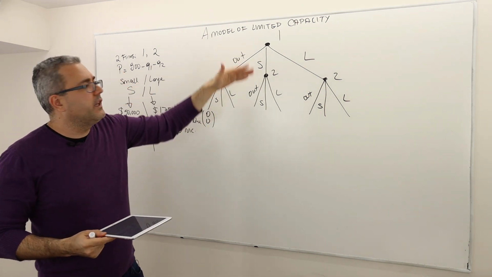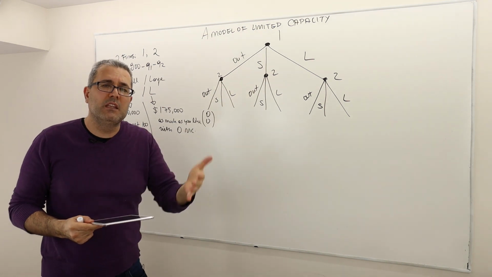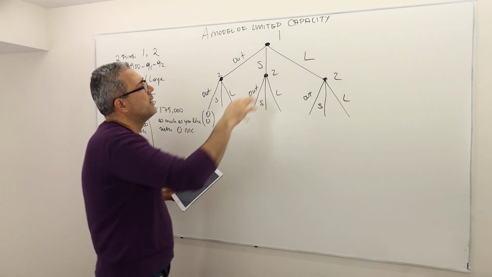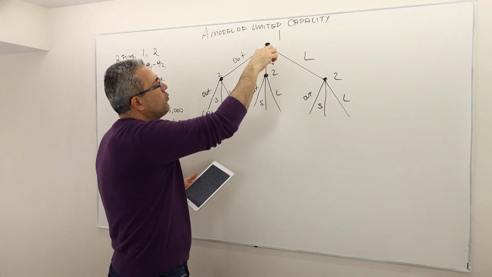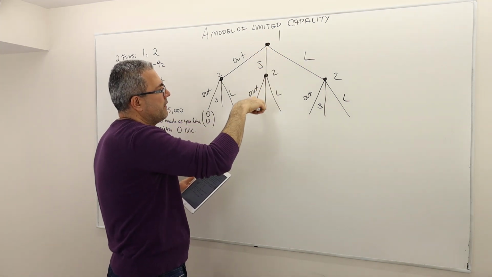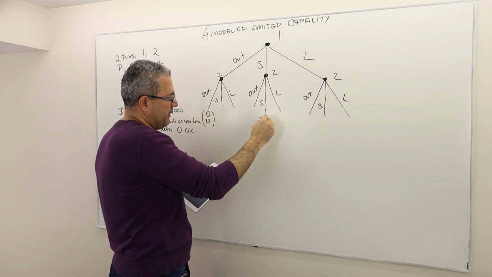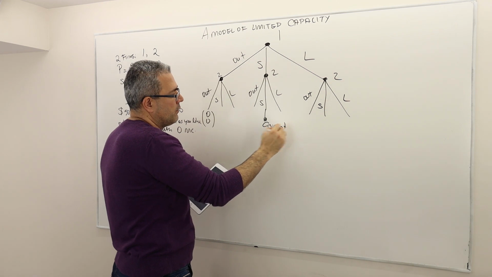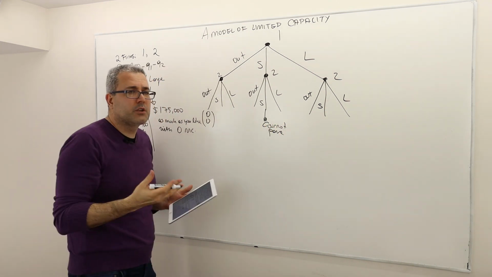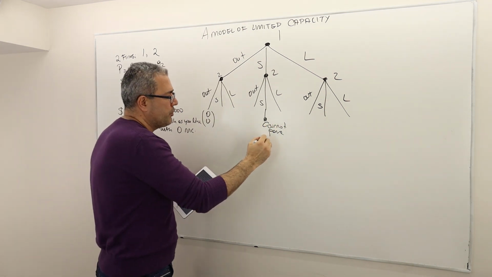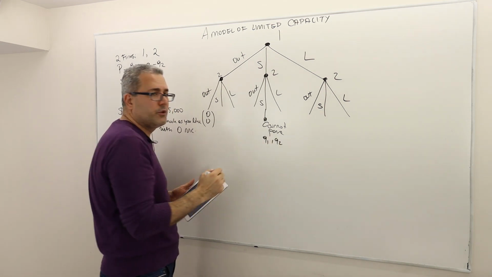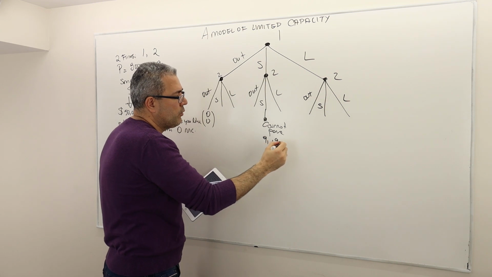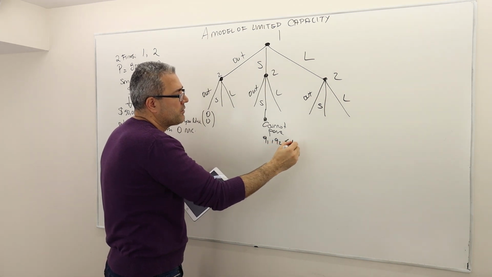However, if they both invest, meaning they are both in the market, they are going to compete in a Cournot fashion. For example, firm 1 invests small and firm 2 invests small. What's going to happen here is the Cournot game. Firm 1 is going to choose Q1, firm 2 is going to choose Q2, but don't forget, because they both chose small, those Q1 and Q2 can be at most 100.